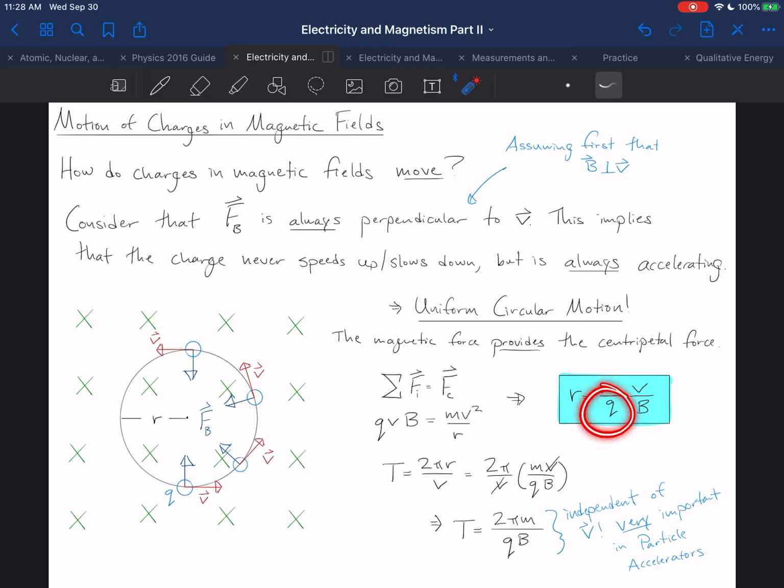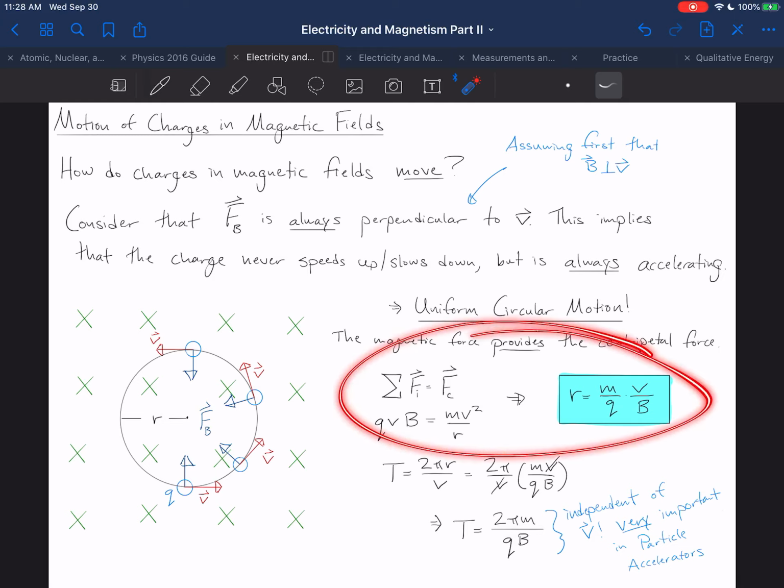If the charge of the particle increases, the radius will decrease. And if the magnetic field increases, the radius will decrease. So these two quantities will pull the motion of that charge into a tighter circle. These two quantities, the mass and the velocity, will increase the circle traversed by this particular charge.